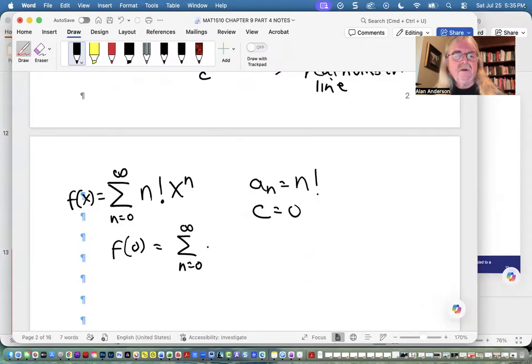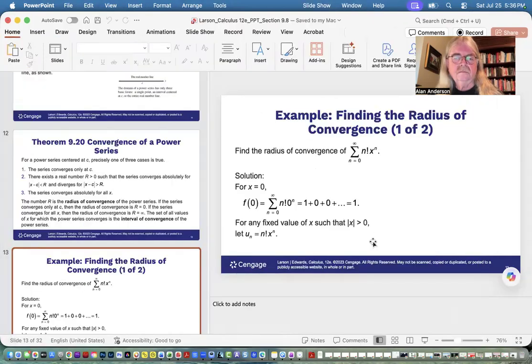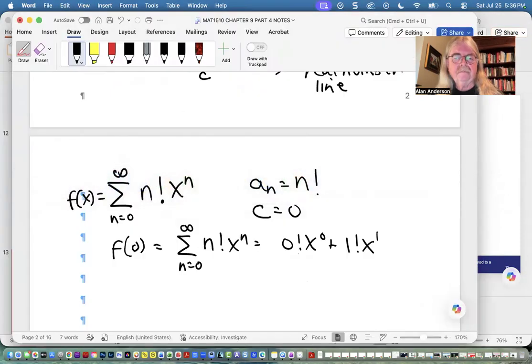So the first term will be 0 factorial. Now this is f of x.